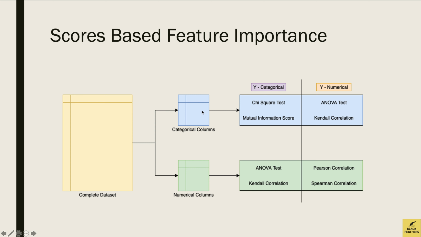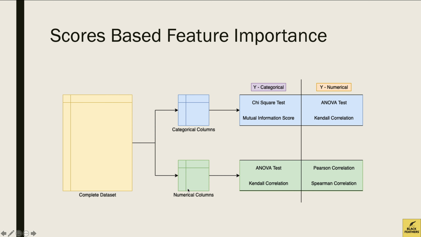Similarly, if we have a categorical column as independent variable, while it is a regression problem, which means the y variable or the target variable is numerical, at that moment we will be using the ANOVA test or a kind of correlation called Kendall correlation.